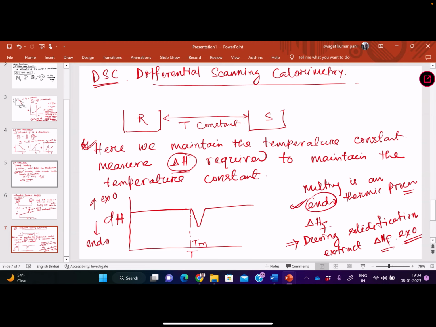So this type of peak we get when transformation starts, and the area under this peak will give the delta H, or the enthalpy change, for this reaction. Like this for melting, or like this for solidification or crystallization. So this will give the enthalpy change values for that particular reaction.